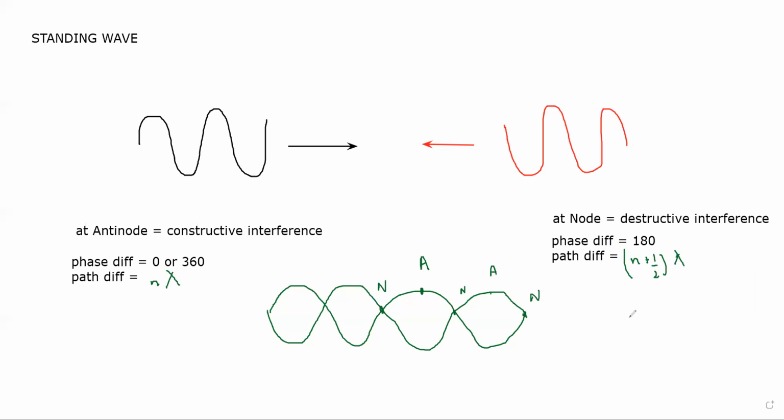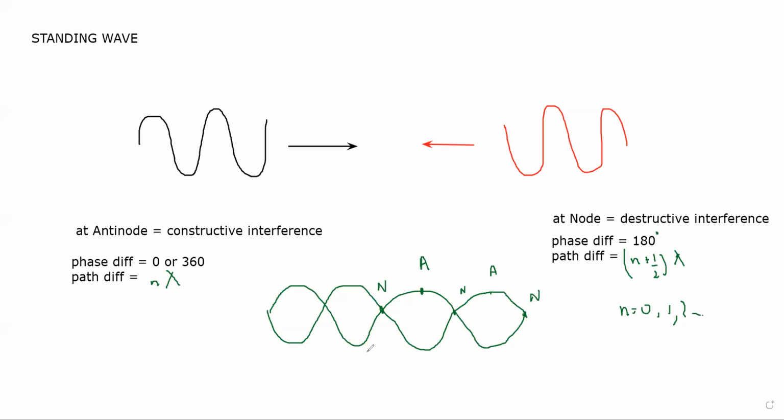If n is 0 it becomes half, if it is 1 it becomes 3 by 2, if it is 2 it becomes 5 by 2, and so on. So the phase difference should be 180 degrees for formation of the node, or the path difference between the two waves should be (n plus half) lambda.